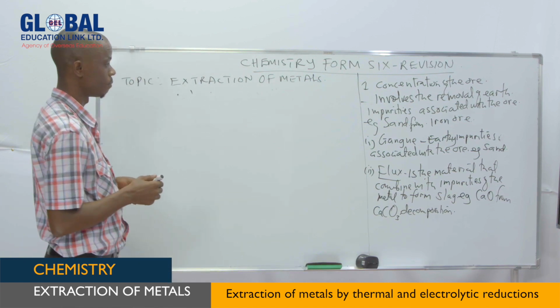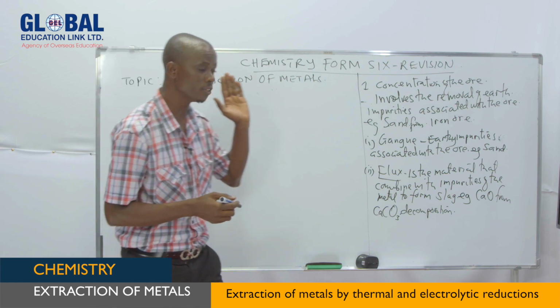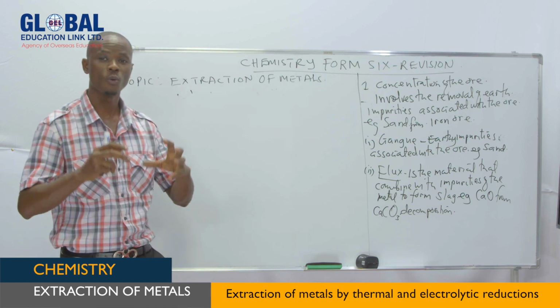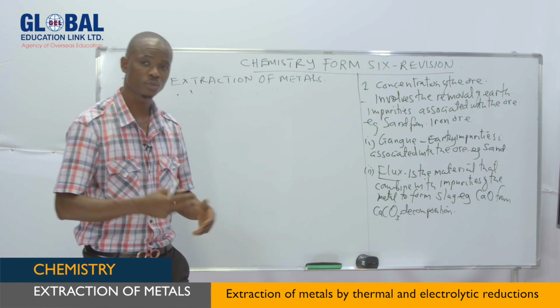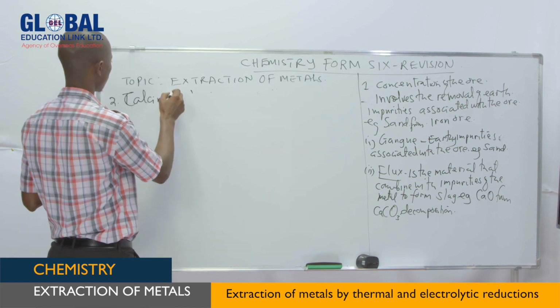The second step, after concentrating the ore, that means we have removed the earth impurities which are associated with the ore. Now we need to get the pure ore so that the other process of extraction can proceed. Second step.